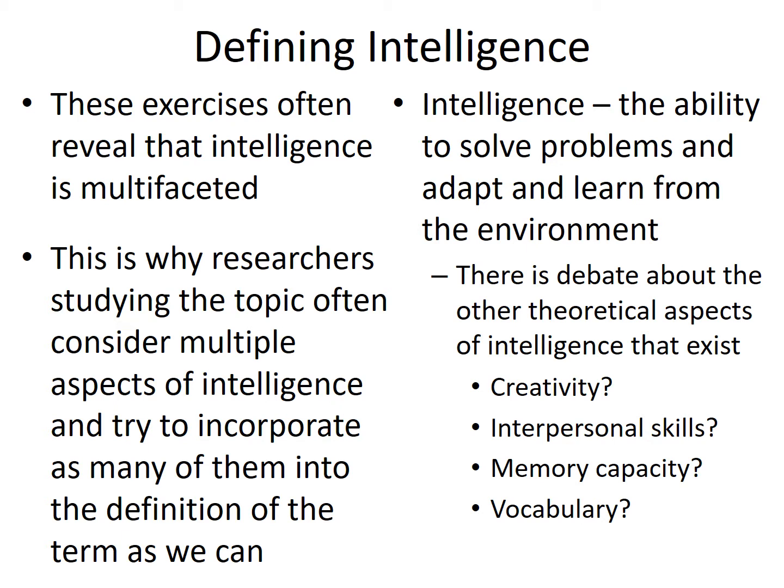In essence, people who are intelligent can usually thrive in any situation they find themselves in. But obviously, situations vary. There's a lot of different things that can allow us to thrive in the various encounters that we have on a day-to-day basis.